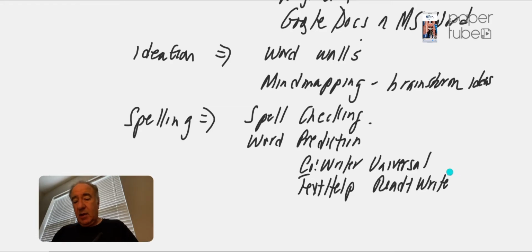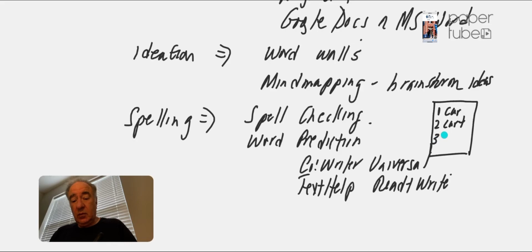And if you remember, the way that works is the student would begin to type, and as they type, words would be predicted. And so this can be a really helpful application for students with spelling challenges.